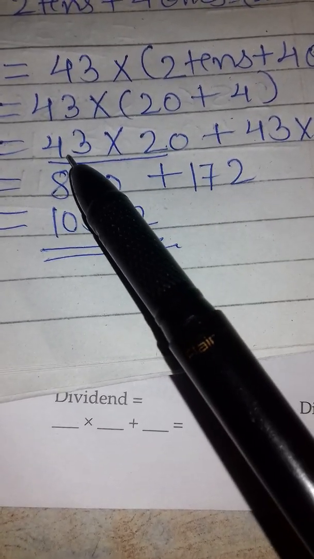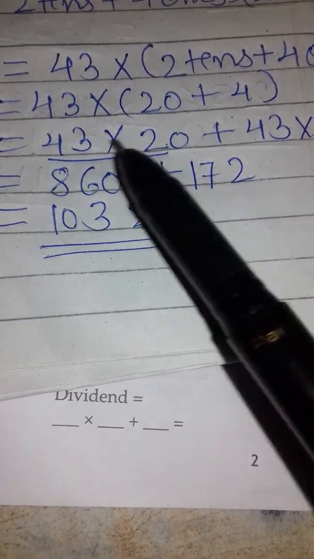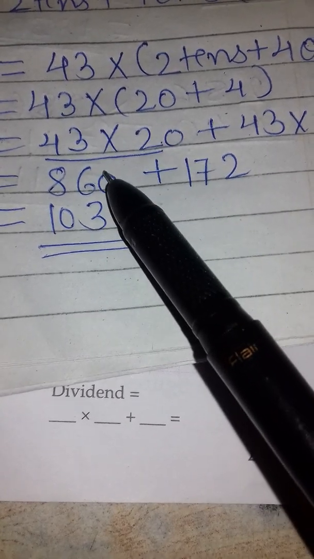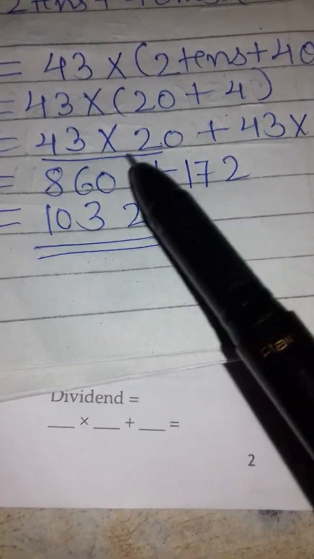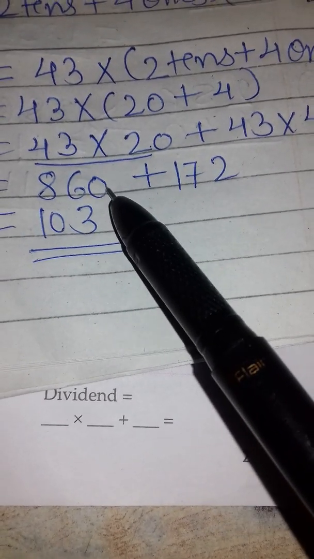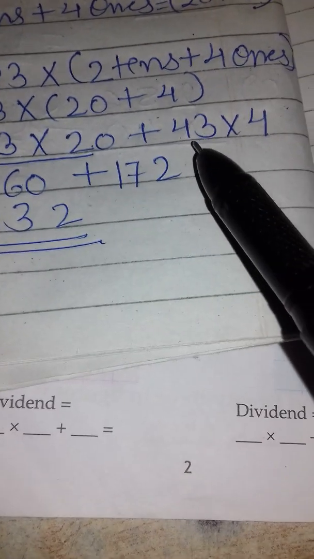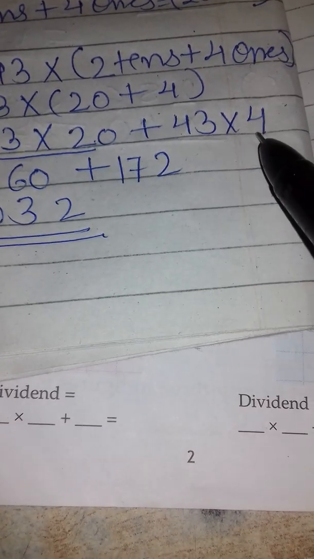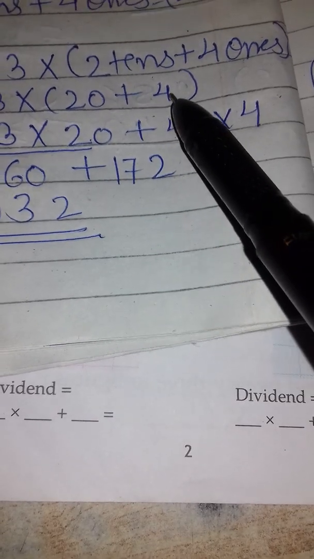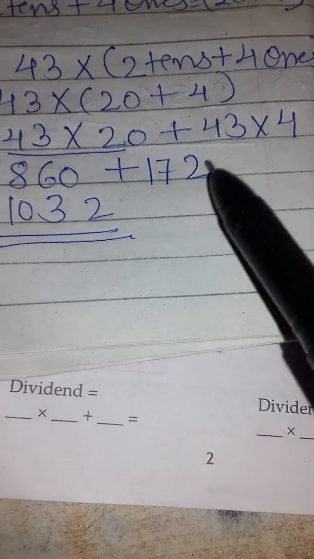If we multiply 43 into 2, 3 twos are 6 and 4 twos are 8. Now the 0 is there, we will put it at the right side. So the product of 43 into 20 is 860. Okay, now plus 43 into 4: 4 threes are 12, 1 carry, 4 fours are 16 plus 1 is 17.